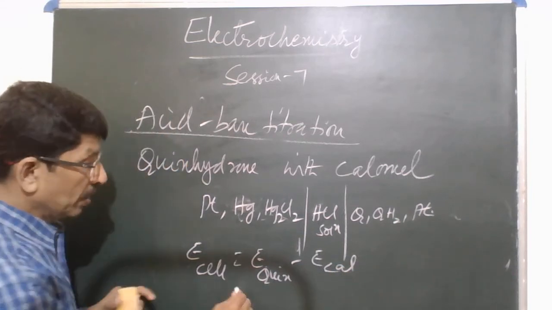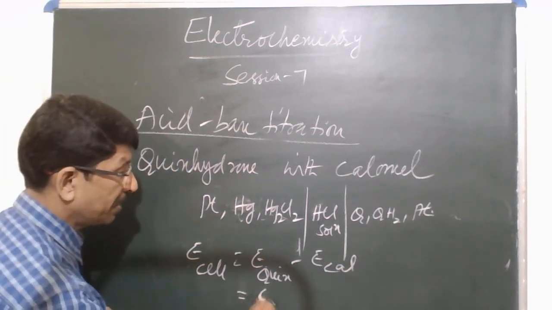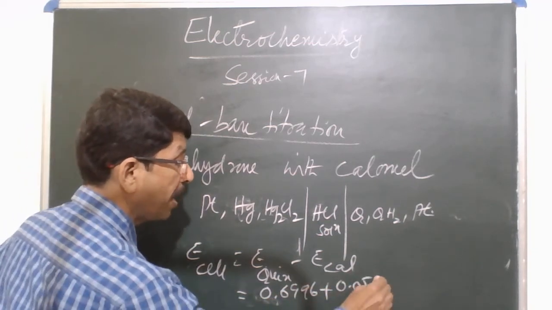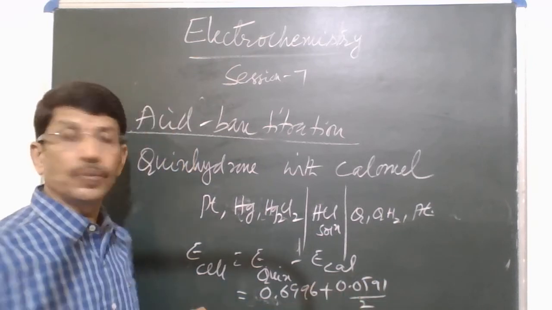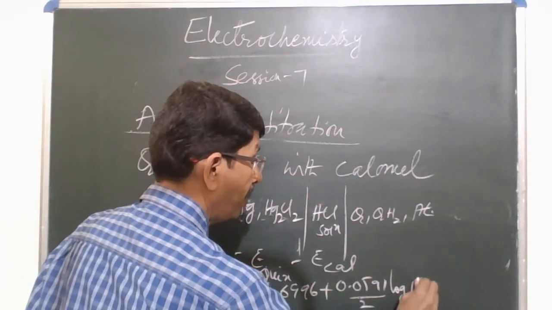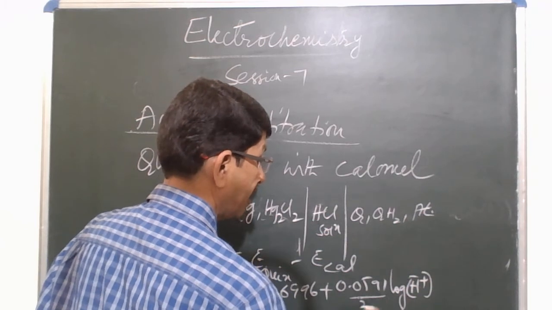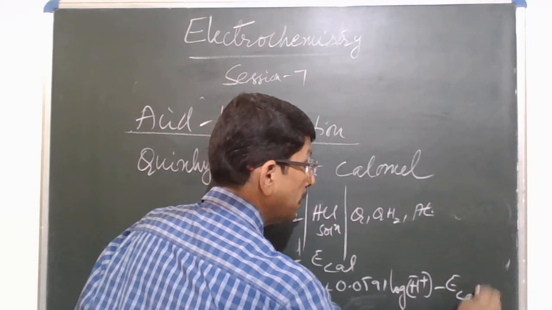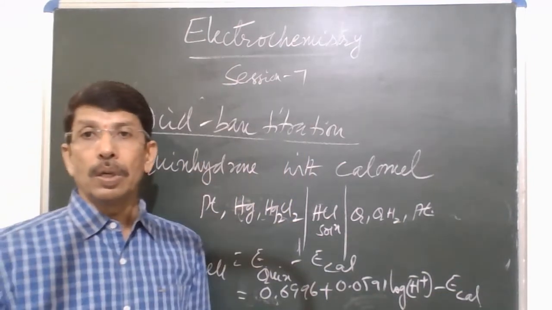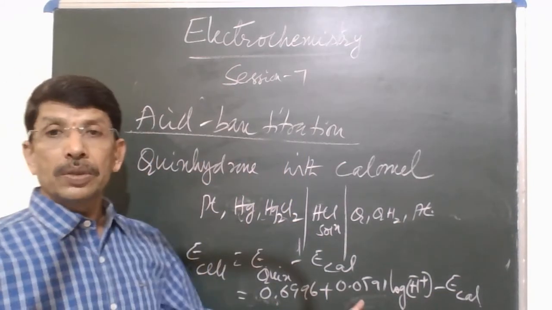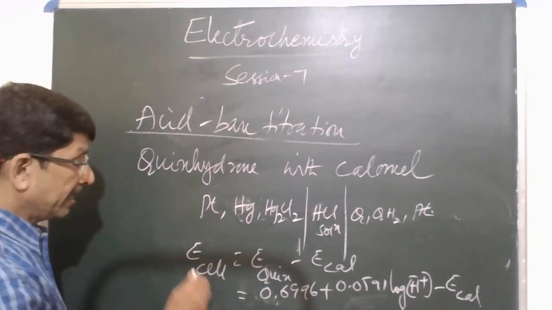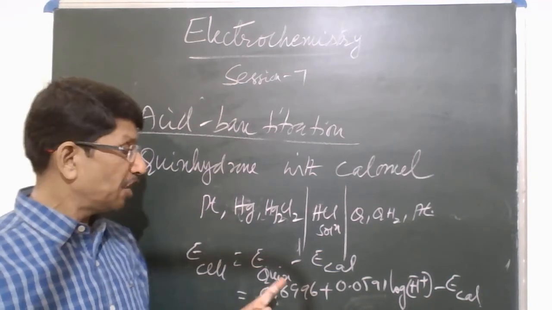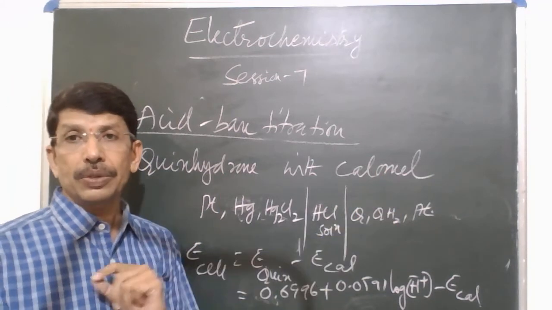The quinhydrone electrode potential is given by the expression 0.6996 plus 0.0591 by 2 log of H plus, minus E calomel, right? This is the equation which gives the EMF of the cell during the titration of HCl against NaOH using the quinhydrone and calomel electrodes.